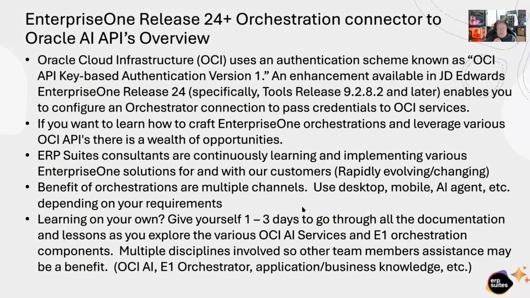Then mobile gave you another user interface. Now, because of REST APIs, AI agents can be talking to it. So you're not limited to just one type of channel anymore. You have multiple avenues to expose how you want to do a process.